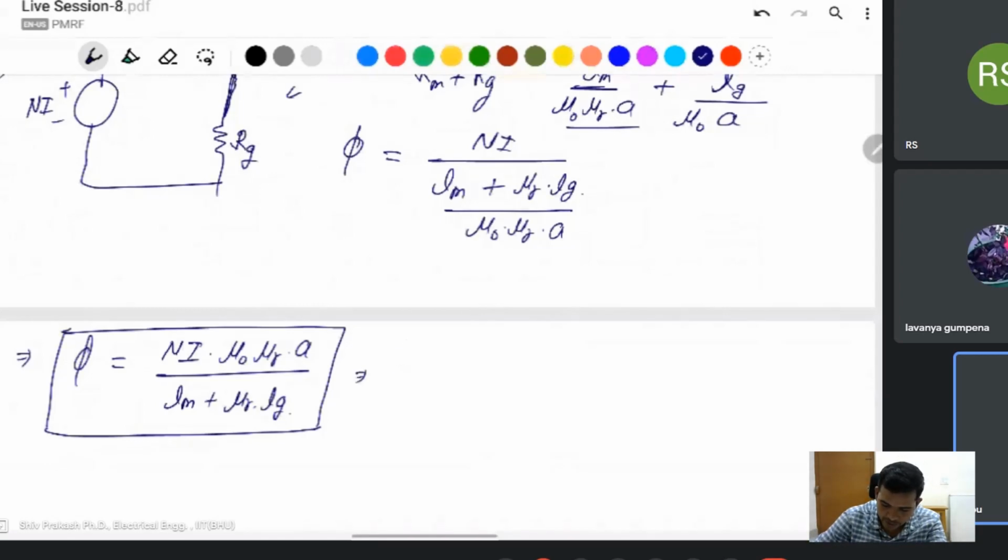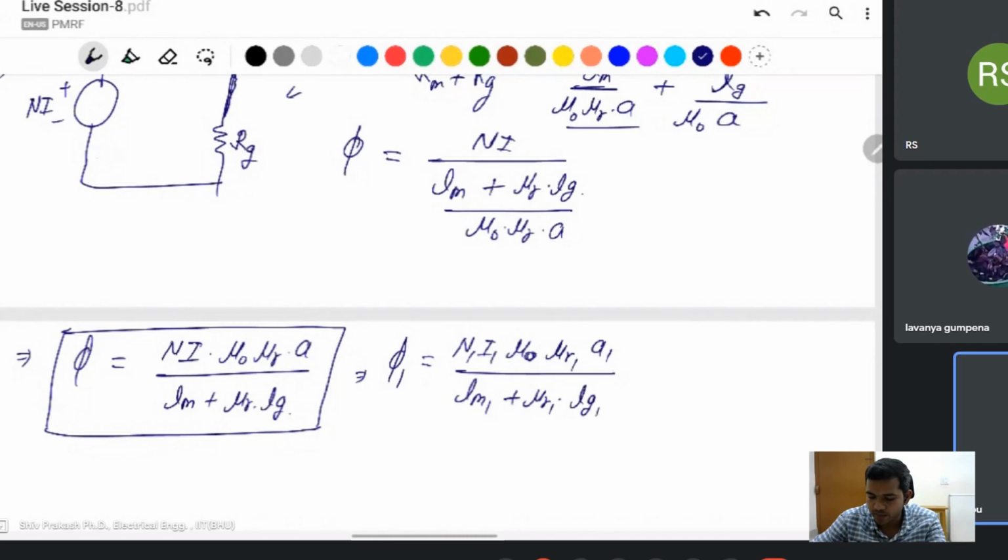First, phi 1 for coil 1 is N1 I1 mu naught, the same, mu r1 into cross-sectional area A1, divided by Lm1 length plus mu r1 into Lg1, the air gap length.